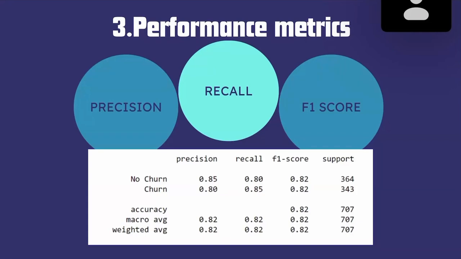This score ensures that the model not only catches a significant number of churned customers, high recall, but also doesn't identify too many loyal customers as churned, high precision. By using these three metrics, we were able to assess the random forest model's ability to predict customer churn effectively. Its high scores across precision, recall, and F1 show it's well suited to help businesses identify and retain at-risk customers.